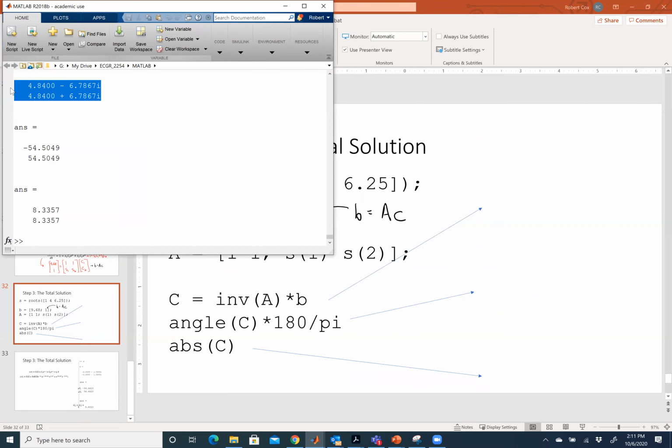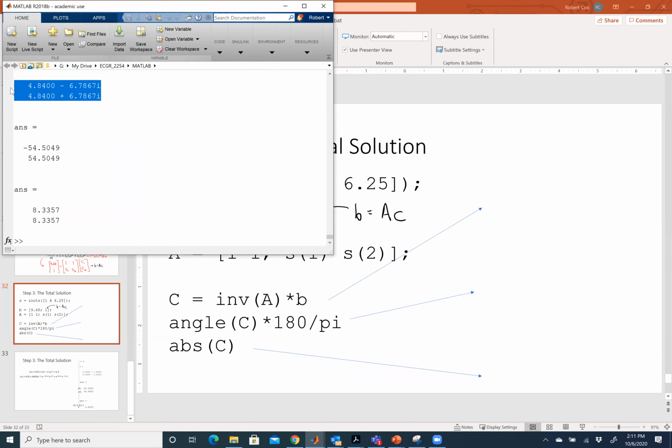They're complex conjugates of each other. All right. That's my C values here. Now notice what I had to do. I had to tell me the angle of those numbers, and I had to tell me the magnitude of those numbers.